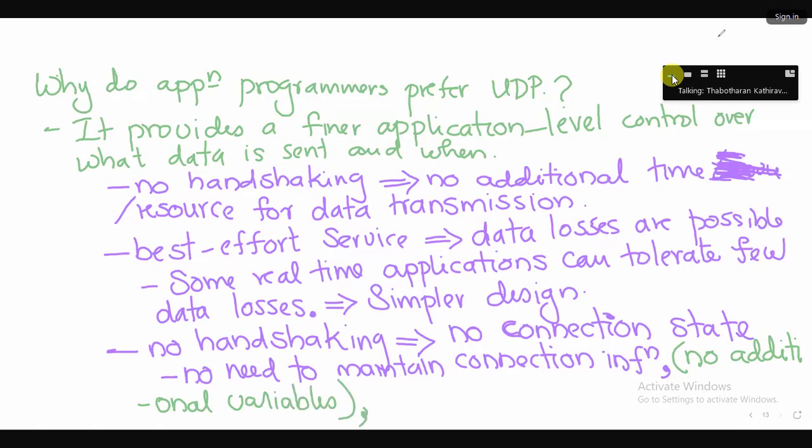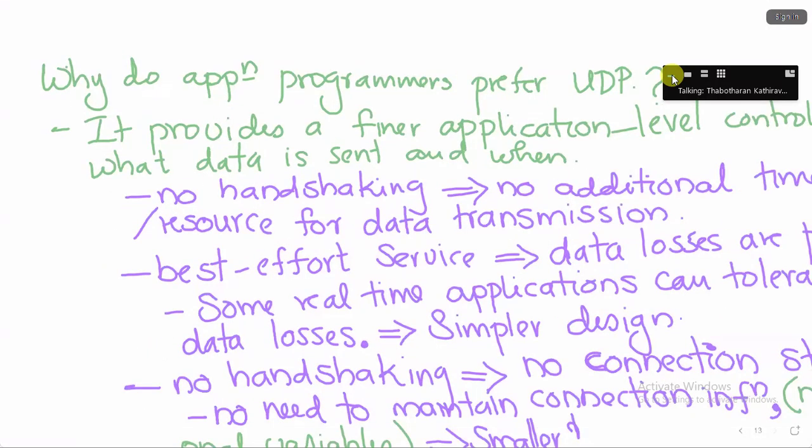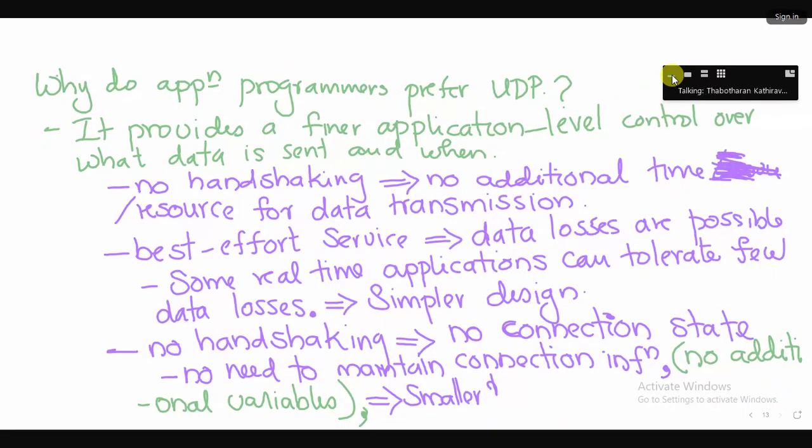And because of this, we could also have a smaller segment header, because we don't keep too much information. So smaller segment header. So that is also there.